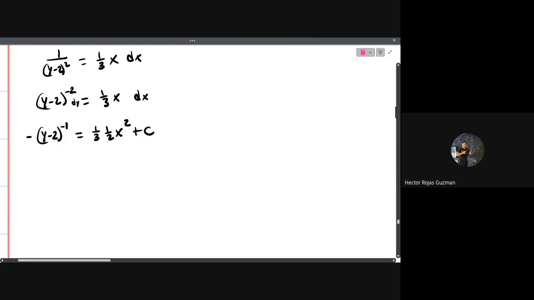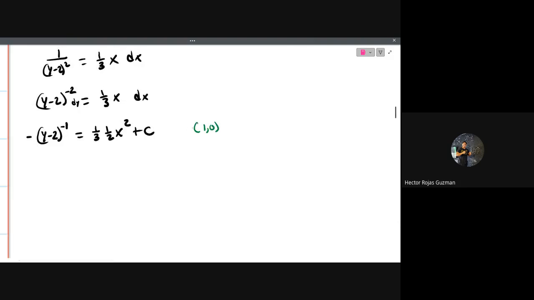Now you can use the condition. We were given the initial condition 1, 0. Plug it in. But you know what? Let me rewrite this. It's going to be negative 1 over 0 minus 2 equals 1 over 6 times 1 squared plus c. Well, you're going to get that 1/2 equals 1 over 6 plus c.